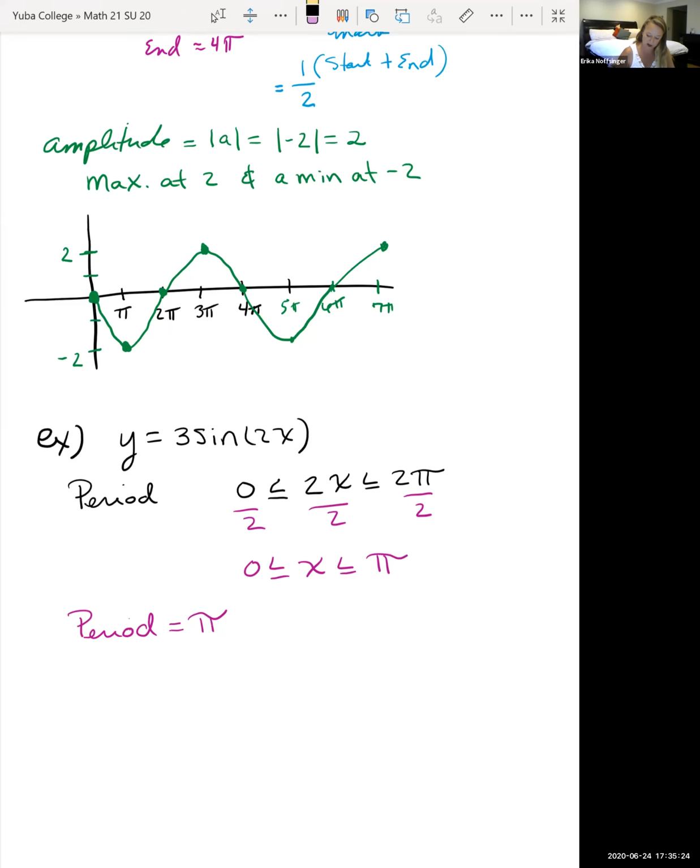So we know our start value is 0. We're going to find our quarter, our halfway mark, our 3/4 point, and our end value. We just found the end value, that was pi.